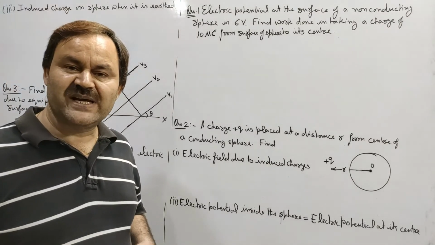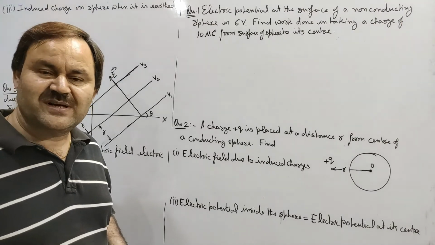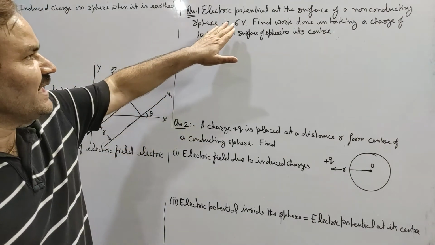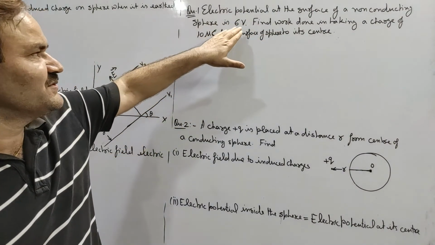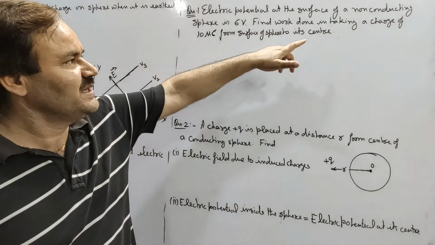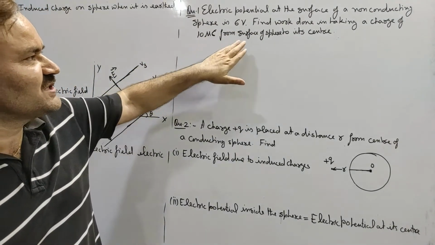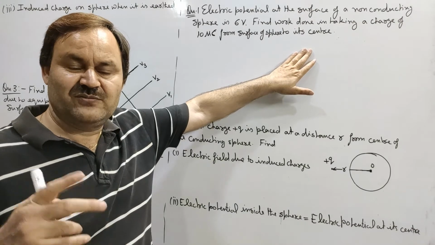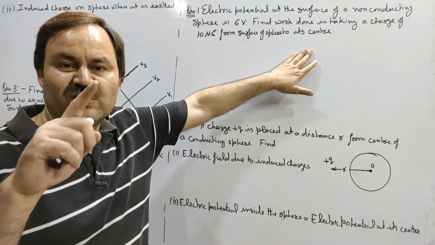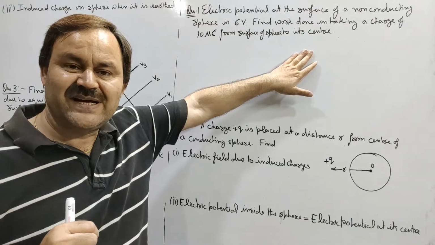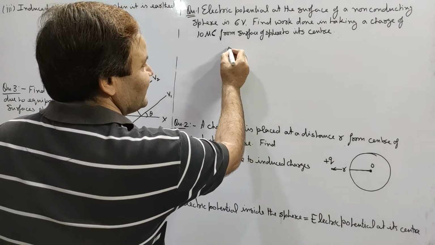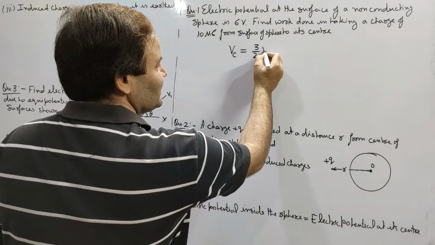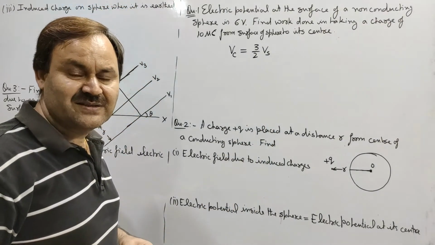Now we are taking a few numericals related to electric potential to strengthen our ability to solve numericals. Say first we are given that the electric potential at the surface of a non-conducting sphere is 6 volt. Find the work done in taking a charge of 10 microcoulomb from the surface of the sphere to its center. In the previous derivation for electric potential due to a non-conducting sphere, we had seen that the electric potential at the center is 3 by 2 times the electric potential at its surface.